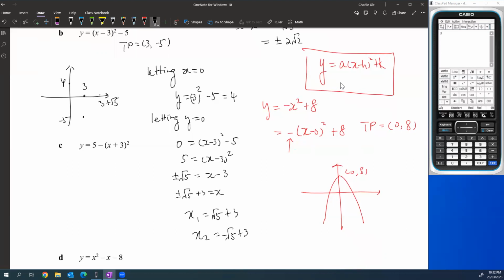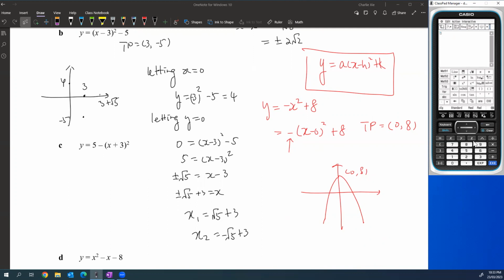Now here's the question: negative root 5 plus 3. Locating your second x-intercept, it could be negative or positive. We don't really know. What you can do is just put it in your calculator. Negative root 5, so shift this sign. The answer here is negative.